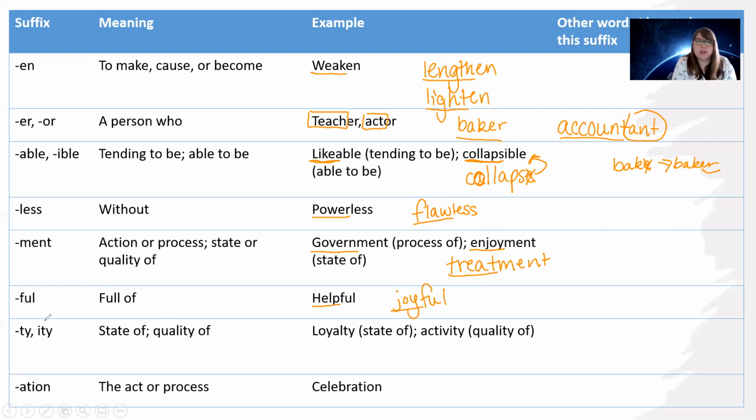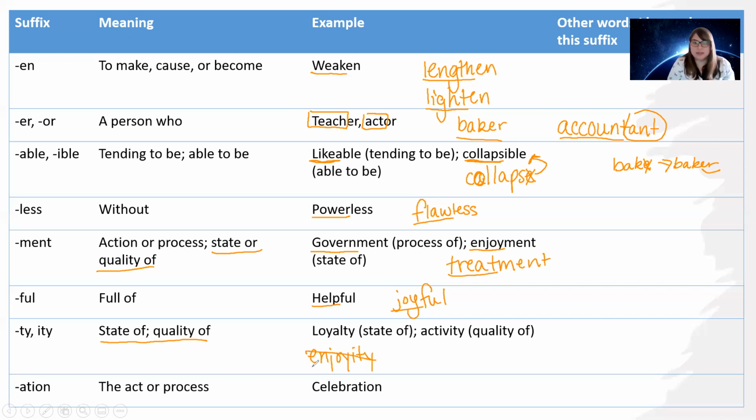Next, we see TY or ITY, which means the state of or quality of. So what we're noticing here is that this is very similar to MENT. But what I want you to pay attention to is that you cannot really mix and match your base words here. I can't really say enjoyity. It's not a word, it doesn't make sense.